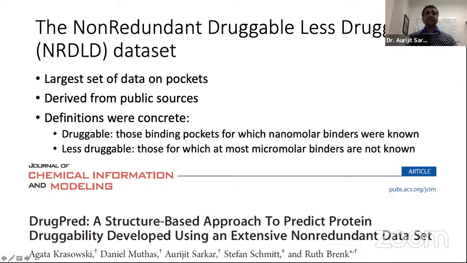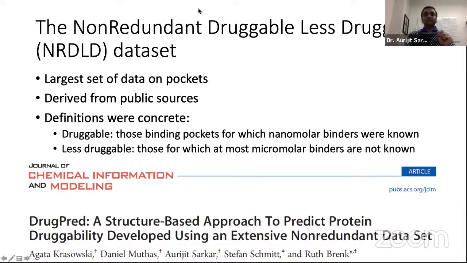That's the big question. And here's a paper that we published in the early 2010s. We came up with a large database, just like in the case of chemicals that penetrate versus chemicals that don't penetrate. In this case, we were trying to find pockets that will bind or will not bind drug-like molecules really strongly, right?